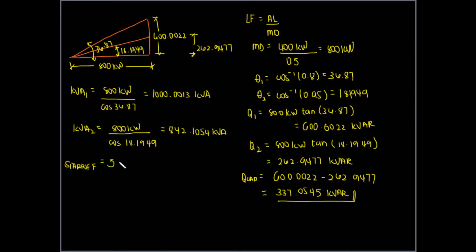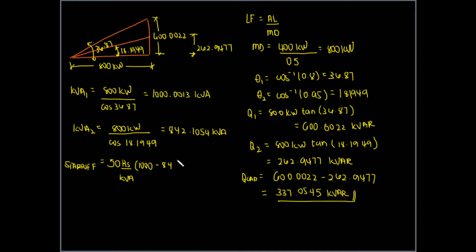So supposedly, we are to pay 50 rupees times 1,000. But now we're just going to pay 50 rupees times 842.1054.